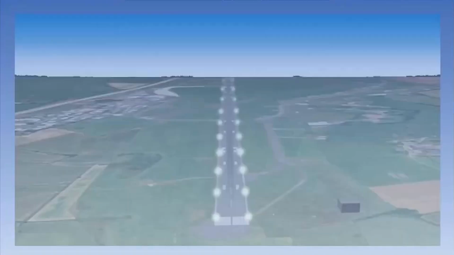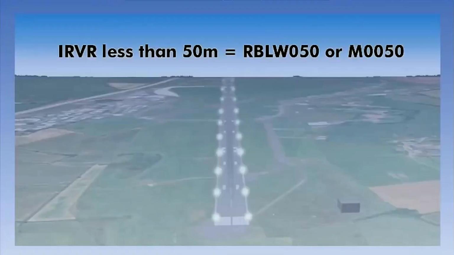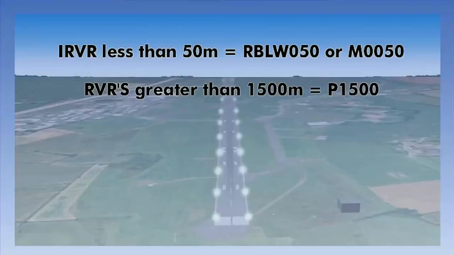There are some other details we must know. RVR values less than 50 meters are reported as RBL 0050 or M0050. RVRs greater than 1500 meters are reported as P1500.